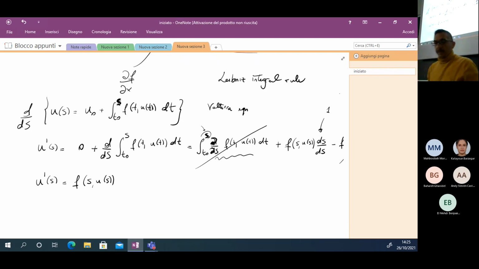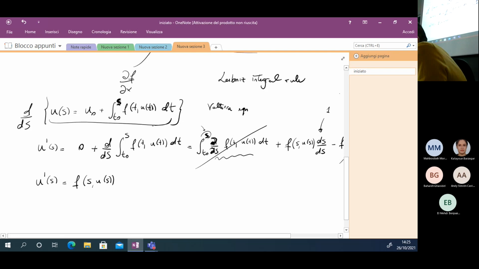In the particular case in which I'm taking into account again the Voltaire equation without taking the derivative yet, and I consider the extreme which makes the integral vanish, so basically I'm taking S to be equal to t naught.